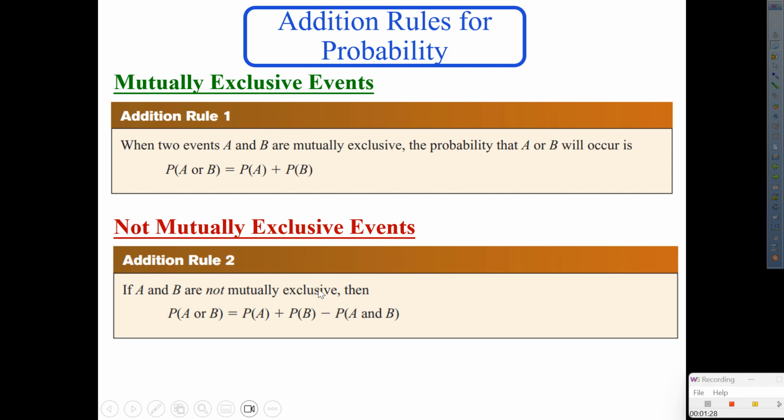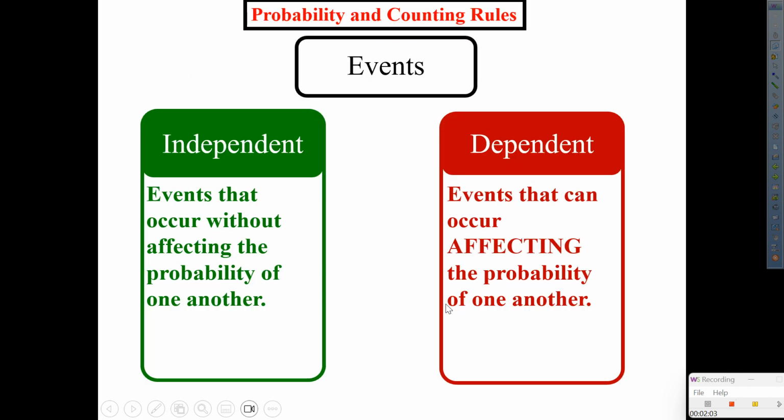Now, what is the difference from one to the other? Well, in both cases, they both have the word or. Did everybody remember that? However, with mutually exclusive, one event cannot happen at the same time as the other. Whereas with not mutually exclusive, one event might be able to happen together with the other.